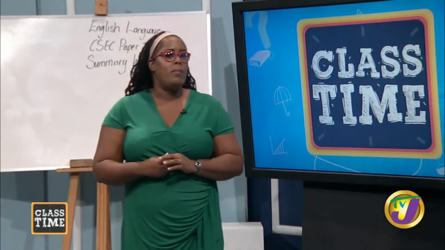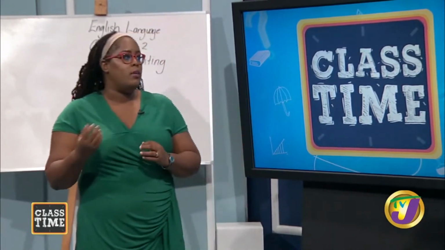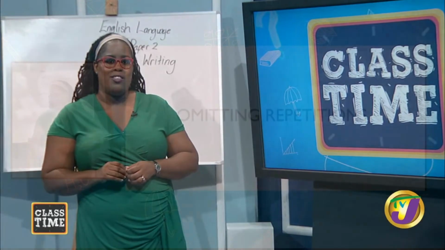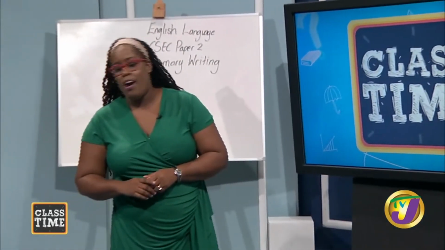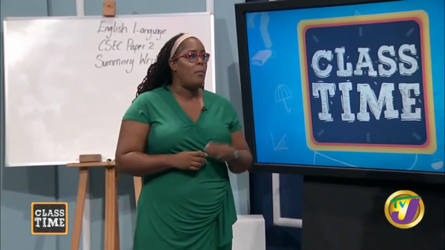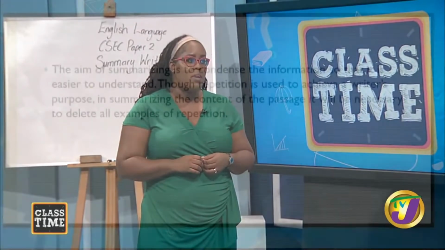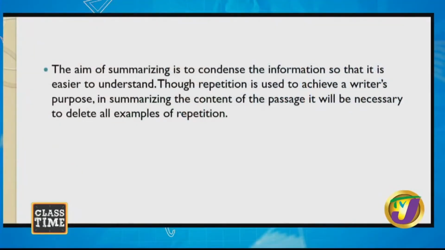Now, we are going to be looking at omitting repetitions. The aim of summarizing is to condense information so that it is easier to understand. That is our ultimate goal, to allow the information to be easily understood.